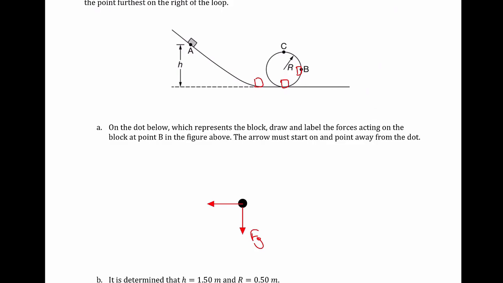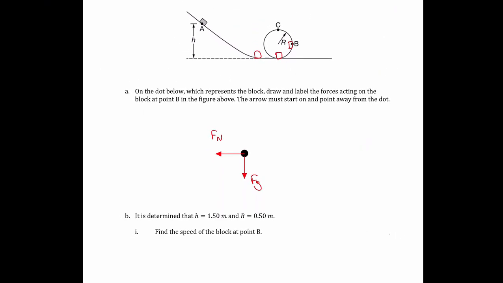This is the centripetal force. However, the nature of the centripetal force in this case is the force from the surface of the track, so actually it is a normal force. So these are the two forces that are applied on the mass as it reaches point B.